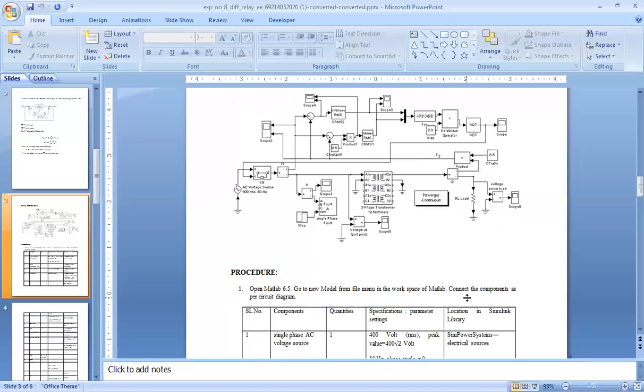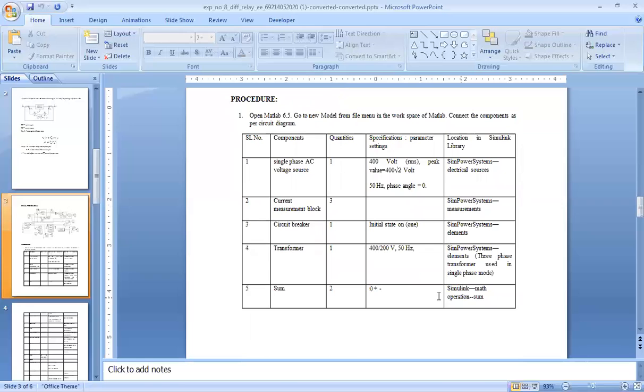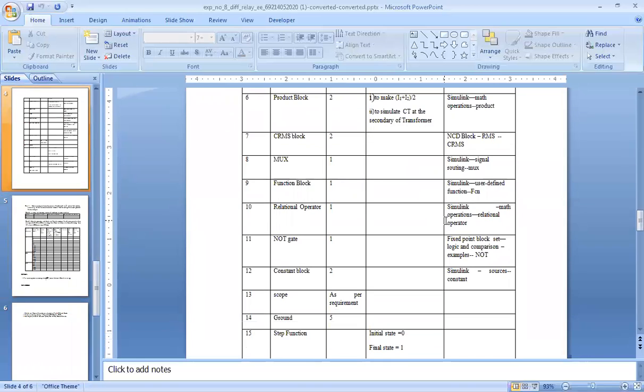So that is the operating time. Here in the procedure, the parameters of every component are given, and where you can get them in the library has also been specified properly. So the RMS block is there.